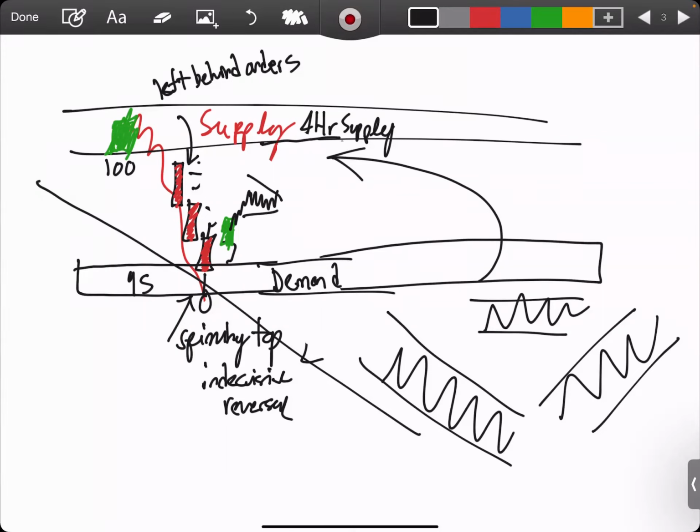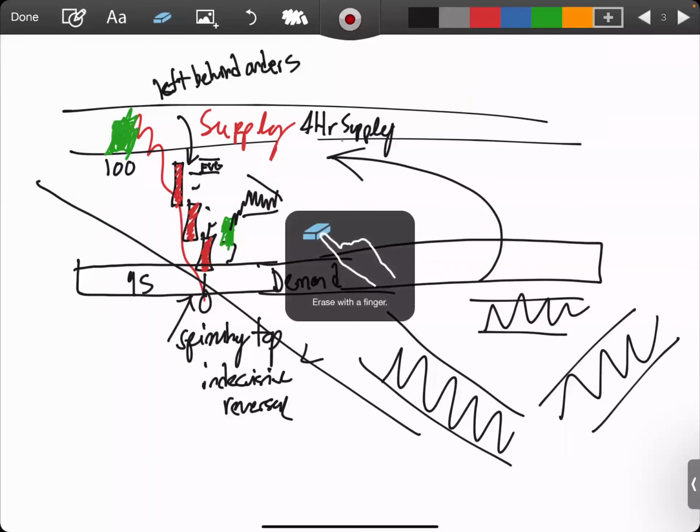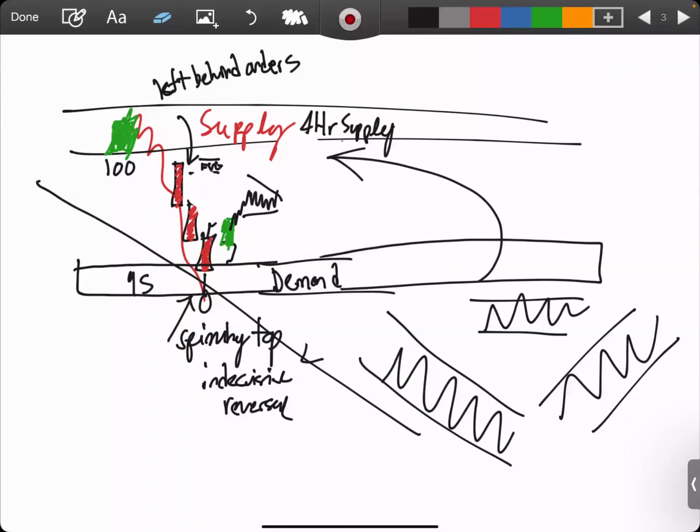But there's still an imbalance up here. There's an imbalance caused by that Marubozu candle. So the volume or momentum is clearly coming to the downside, as indicated by the Marubozu candle itself. It left behind an imbalance or fair value gap.